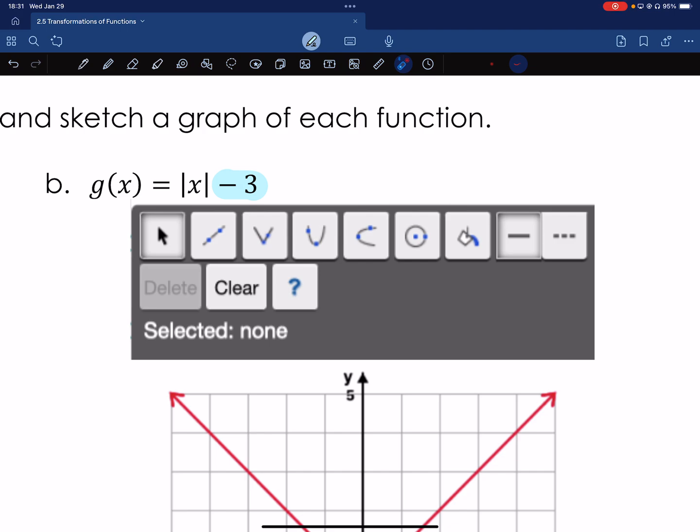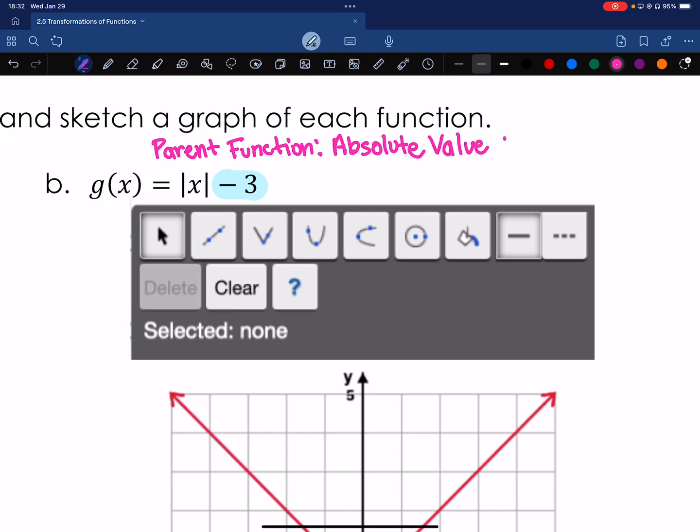Okay, so you would have to know here that this parent function is the absolute value, and that's y equals the absolute value of x. And again, we know that because we see the absolute value bars.